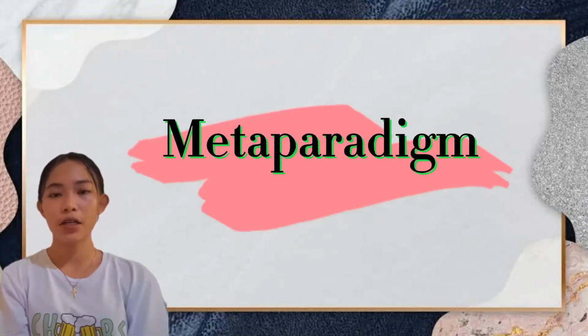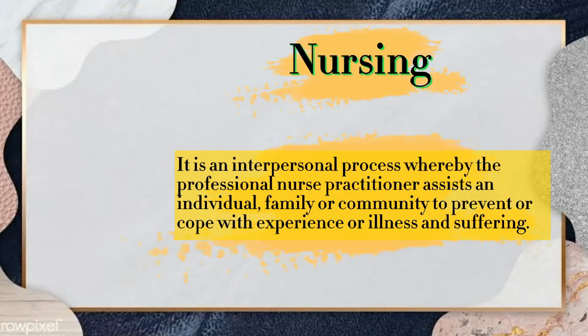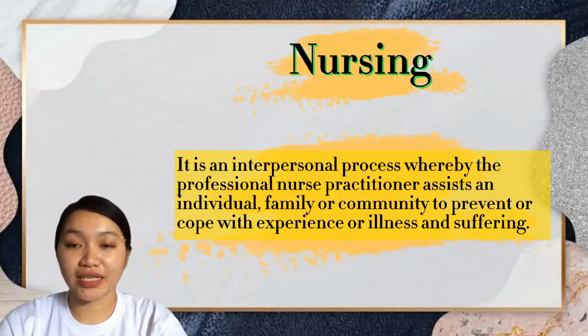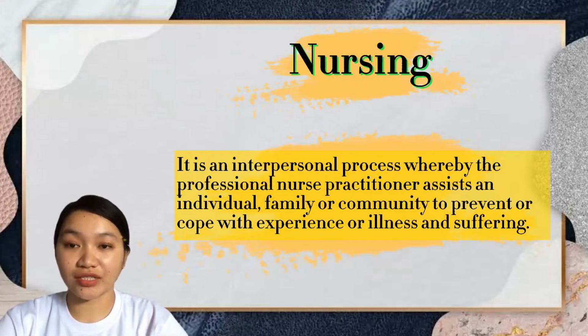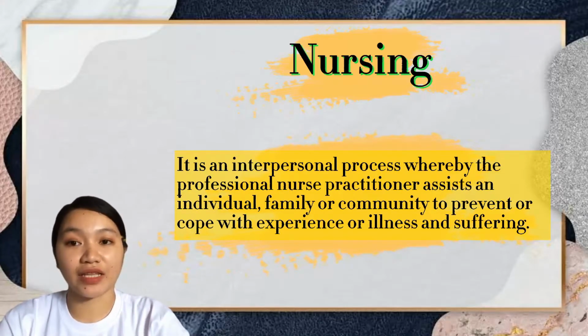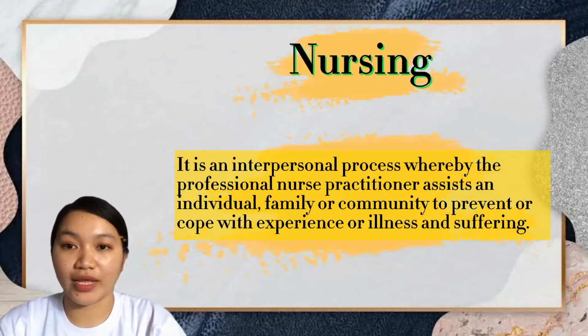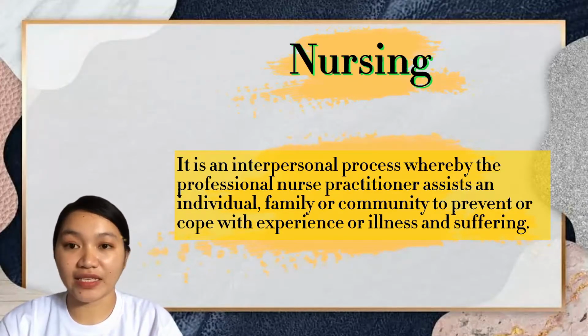Travelbee's nursing meta-paradigm. Travelbee's meta-paradigm consists of four phenomena, which are person, environment, health, and nursing. Nursing, as defined by Travelbee, is an interpersonal process whereby the professional nurse practitioner assists an individual, family, or community to prevent or cope with the experience of illness and suffering, and if necessary to find meaning in this experience.